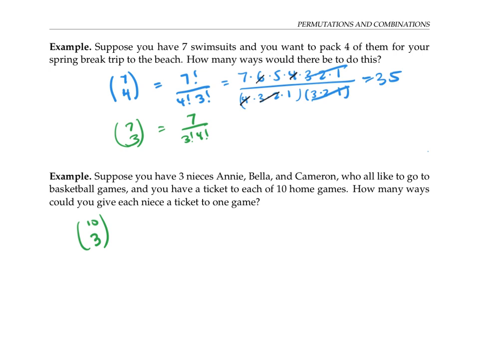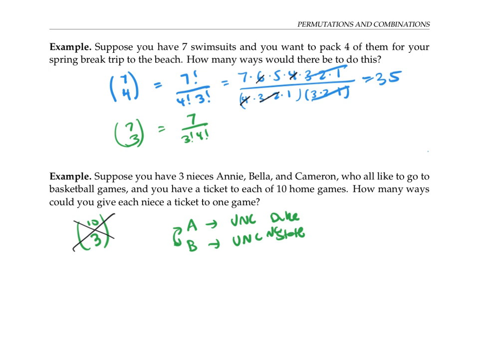But that's probably not the right answer to this problem because giving Annie a ticket to the UNC Duke game, and Bella a ticket to UNC somewhere else, UNC State, is going to feel differently to Annie and Bella than if we swap them, right?